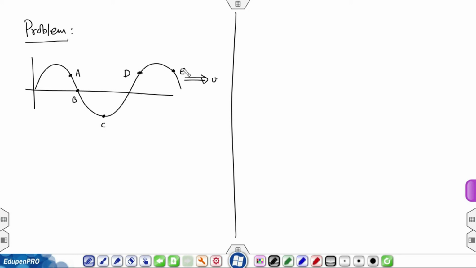So, it says the figure shows a photograph of a wave traveling to the right.